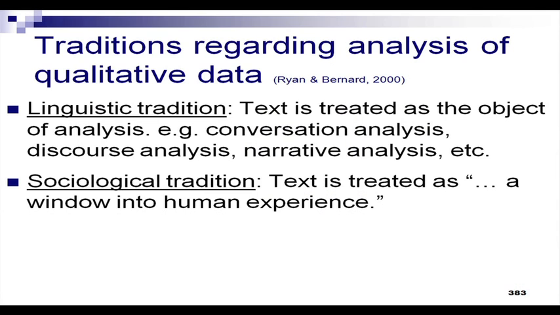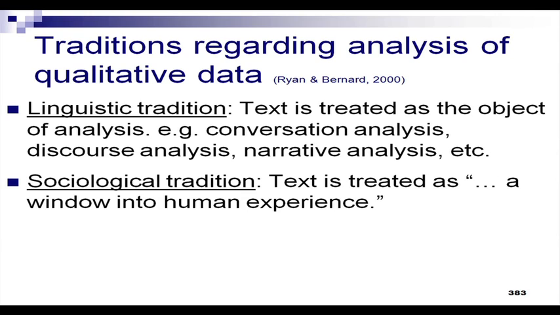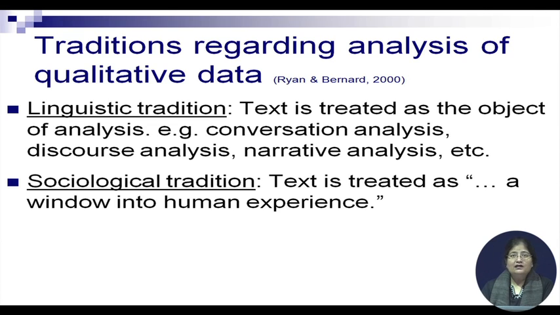In this paper the authors discuss two traditions regarding the analysis of qualitative data, and they say that qualitative data is analyzed in primarily two ways. One is the linguistic tradition, in which the text is treated as the object of analysis. For example, we have conversation analysis, we've talked about discourse analysis, narrative analysis, etc. We've already discussed how the text or the actual meat of a conversation is treated like the object of analysis.